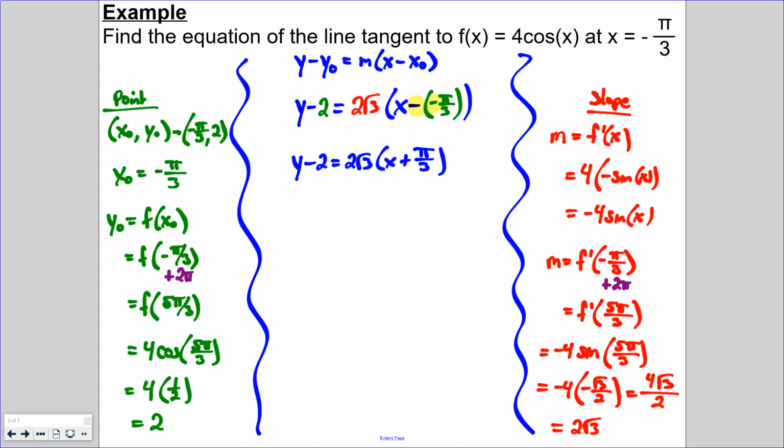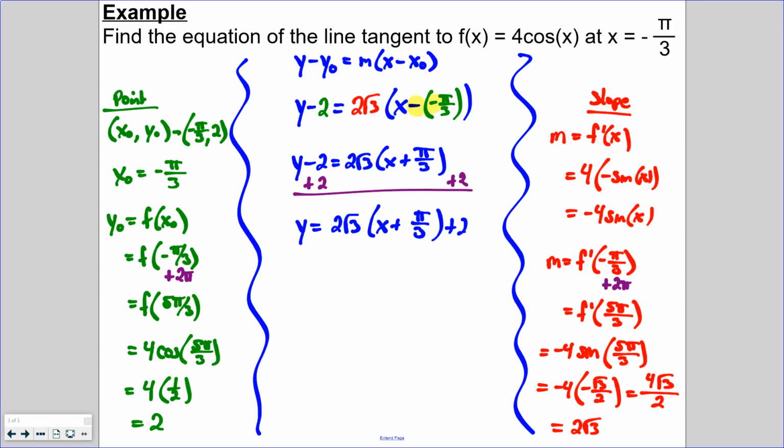And now if we wanted to write this in slope-intercept form, we'd have to get the y by itself. So we'll add 2 to both sides, leaving us with y is equal to 2 radical 3 times x plus pi over 3, plus 2.